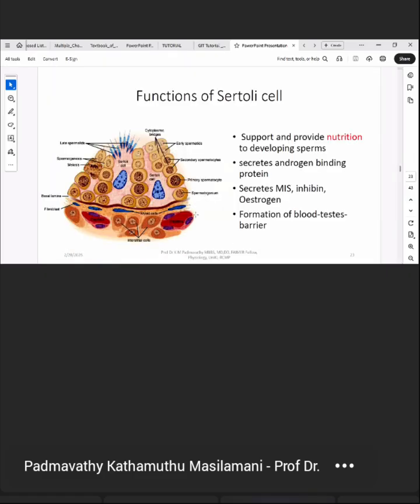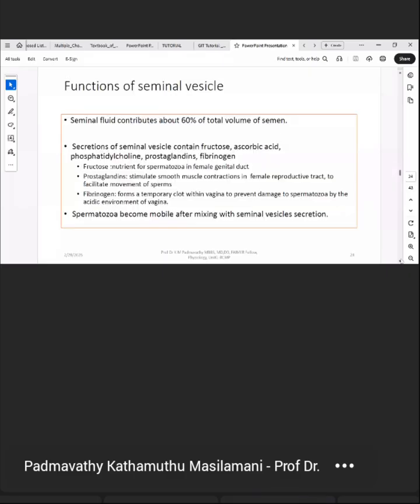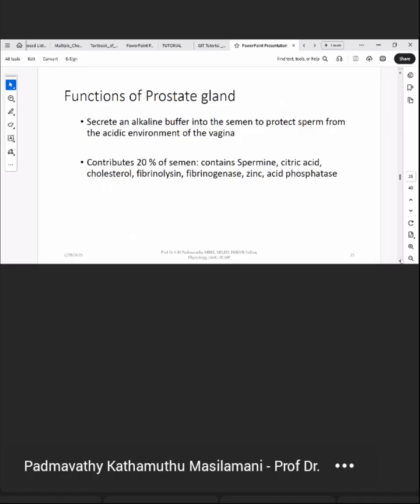These are the processes of spermatogenesis. And the secretions of Sertoli cells I mentioned already, the inhibin. Apart from that, MIS, mullerian inhibitory substance, and also the estrogen are also produced by Sertoli cells.